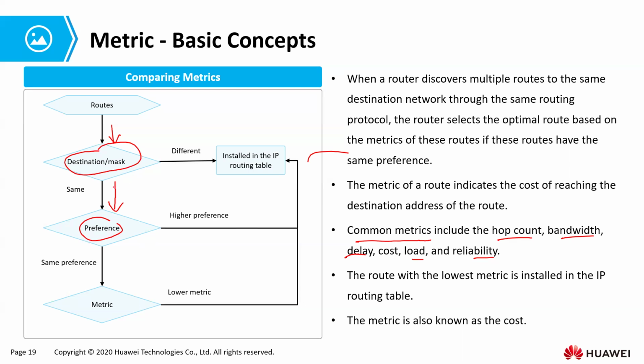Yes, that's the first thing. So if our preference is seen to be the same, it jumps onto the metric side. It then looks at the metric to see how we can differentiate or try to break the tie. All right, so if it sees a higher preference, it doesn't waste time going back to the metric, it goes directly to install in the routing table. If the preference is the same, it goes towards the metric side. The metric breaks the tie and then goes back to install in the routing table.